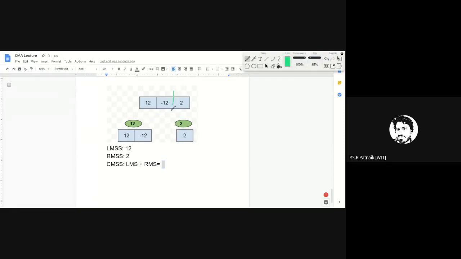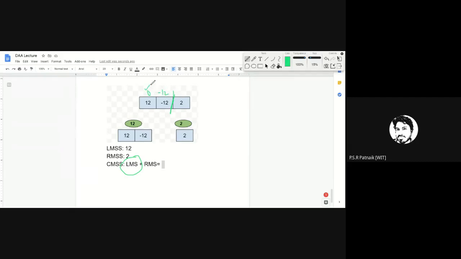So this is my mid. If I want to calculate the left maximum, I start taking the sum of these elements. What is the sum when I consider the first element from the left side, in the reverse direction? The sum here is minus 12, and if I add 12 to this, what is the sum here? 0. When you compare these two, which is maximum?